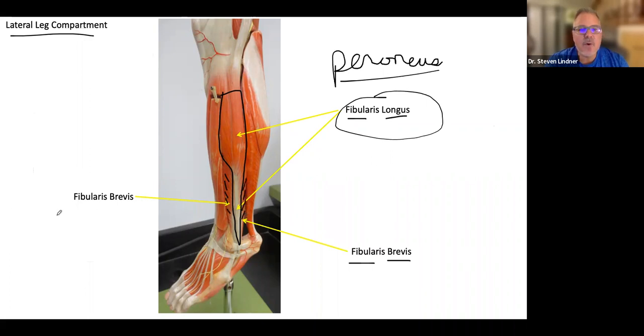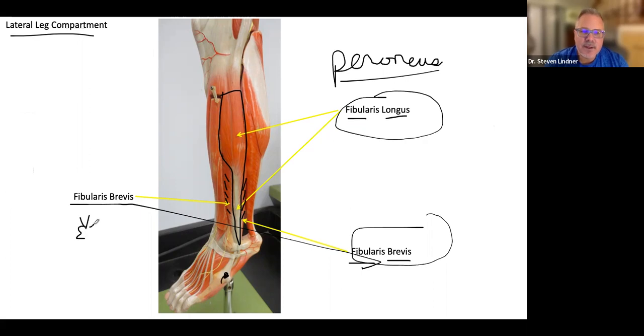That is called the fibularis or peroneus brevis. Now, these are lateral muscles. They attach to the outside of the foot right here, especially the fibularis or peroneus brevis. And since it's on the lateral foot, it does foot eversion.